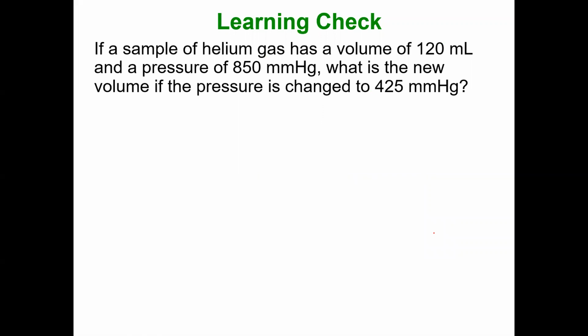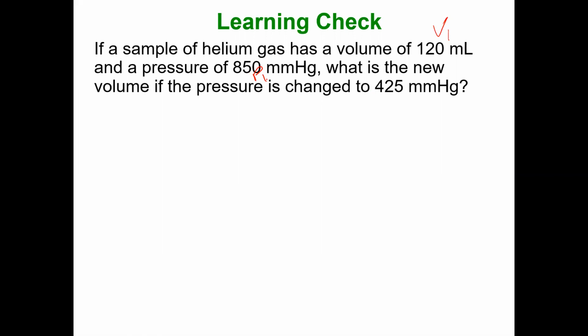So if I have a problem where I'm given a set of initial and final conditions, I can solve for the one missing parameter. Take this problem: a sample of helium gas has a volume of 120 mL, I know right away that's V1, and a pressure of 850 millimeters of mercury, that's P1.